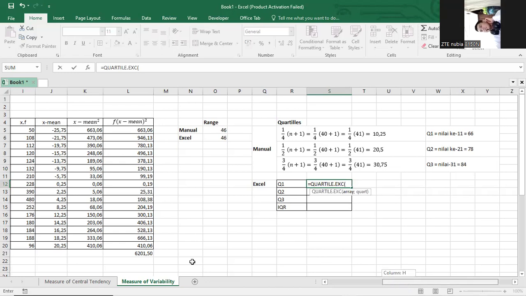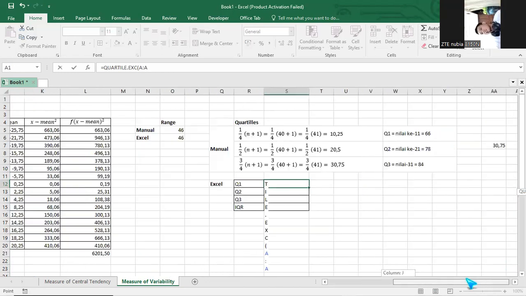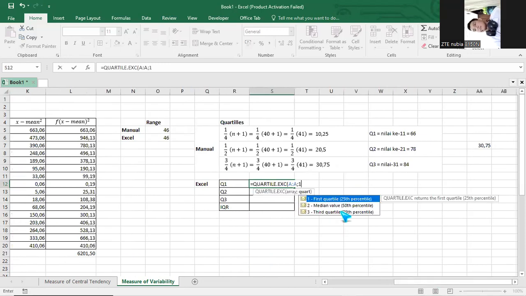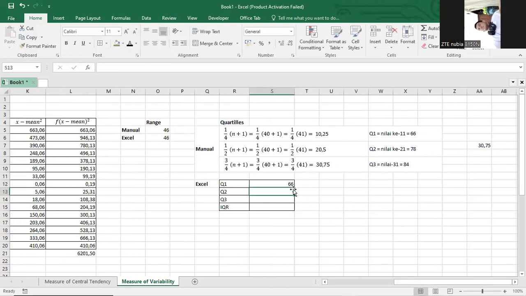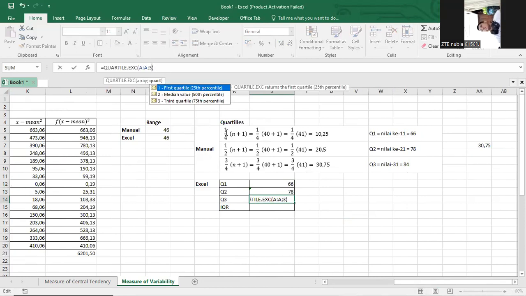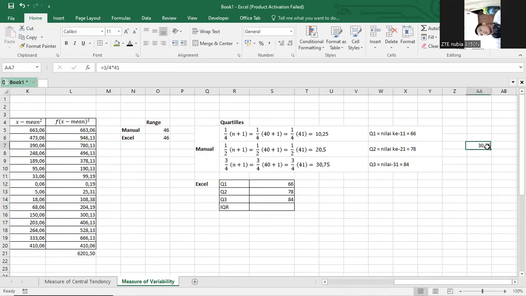And we choose the data in column A, and we type 1 for quartile 1. We do the same here, and we just replace the number 1 with 2, and for Q3 we replace it with 3 as well. And for the interquartile, we just subtract Q1 from Q3. And that's how to find quartiles in the Excel way and in the manual way.